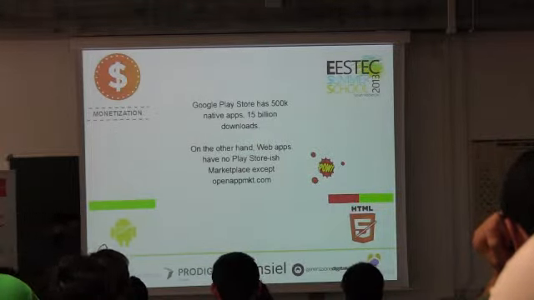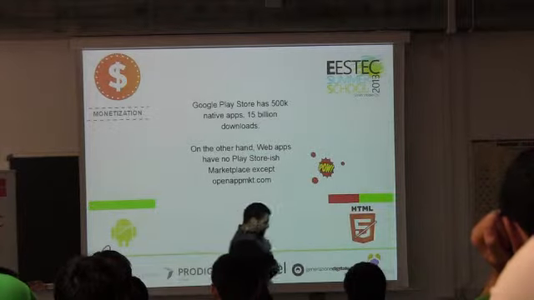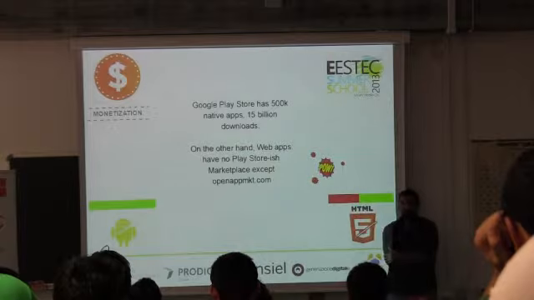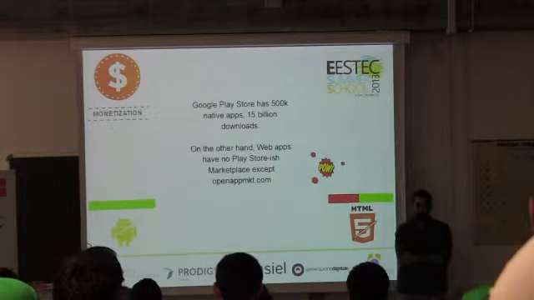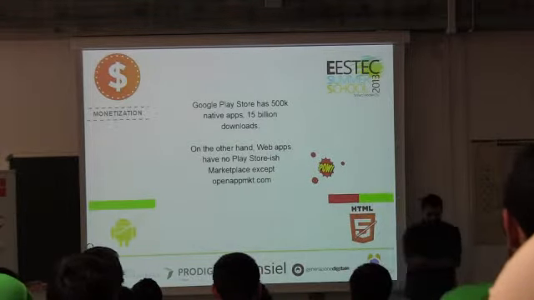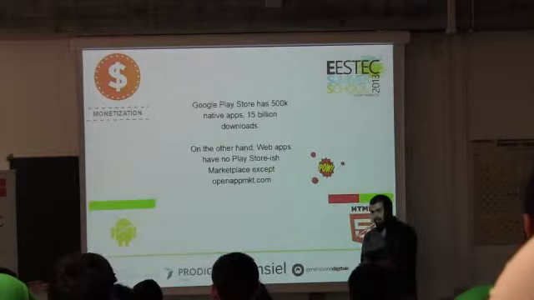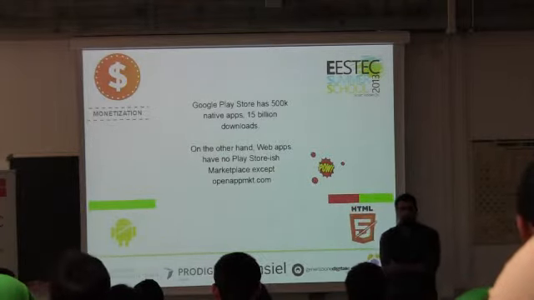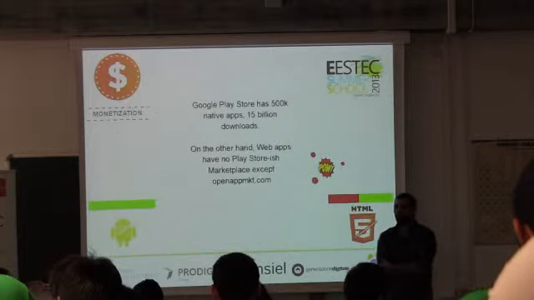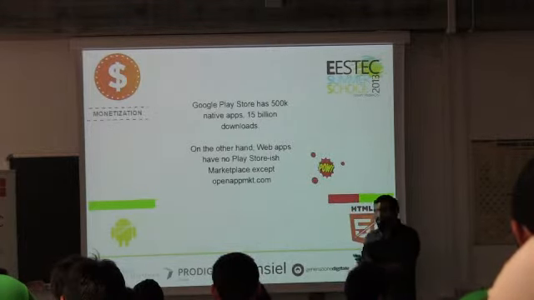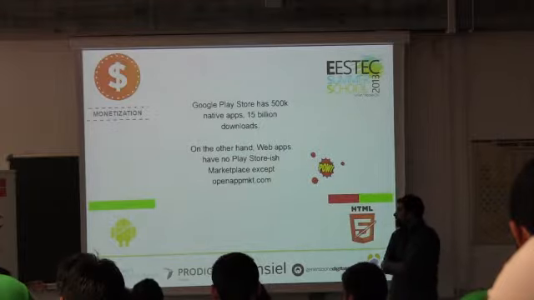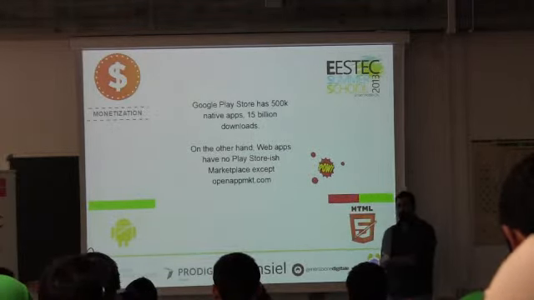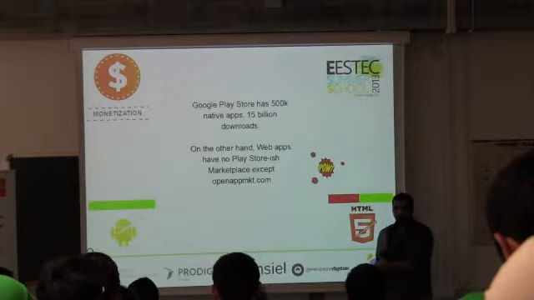We can deploy our native applications on the Google Play Store. The Google Play Store has, as I said before, 500,000 native apps and 15 billion downloads. But in the case of HTML5 web apps, we don't have such a big store. We just have an open market. We don't have any Play Store-ish marketplace where we can sell apps.